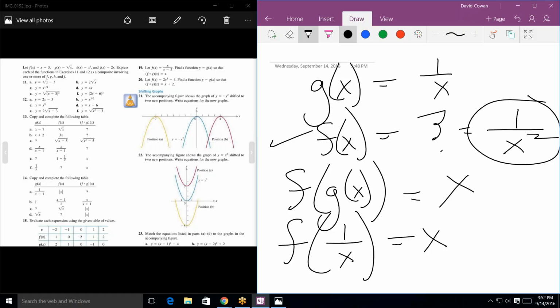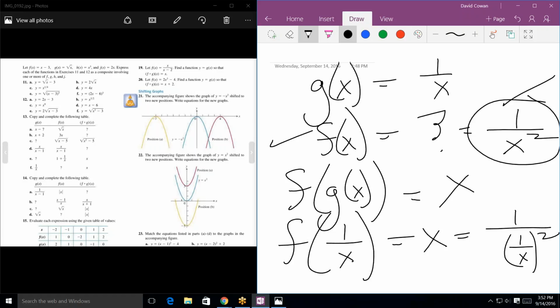Well, if this is true, that would be 1 over x squared, so it'd be 1 over x quantity squared.